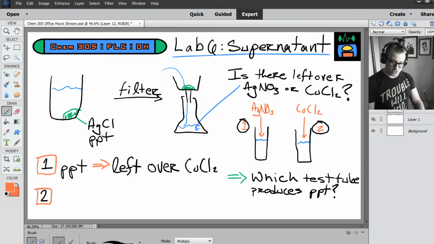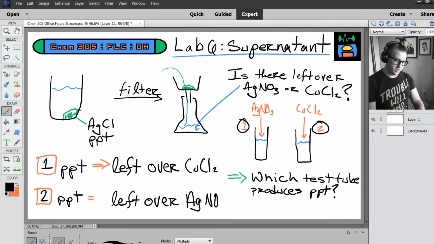For test tube number 2, if we add copper chloride to the second test tube, which we're doing, if we get a precipitate for test tube number 2, that means that there was leftover silver nitrate, because the new copper 2 chloride we added would react with it to make a precipitate.